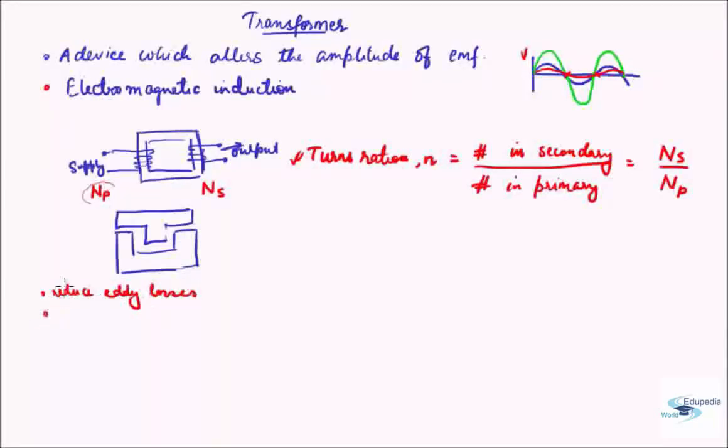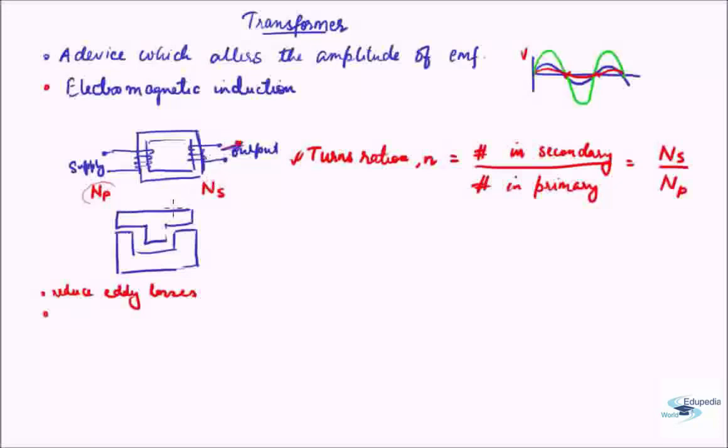Second is that the advantage of closed core, the whole core is closed, is that it gives a continuous path for the magnetic field. Therefore, all the magnetic flux developed from the primary side passes through the secondary coil. Thereby, maximum output can be derived from the secondary coil.